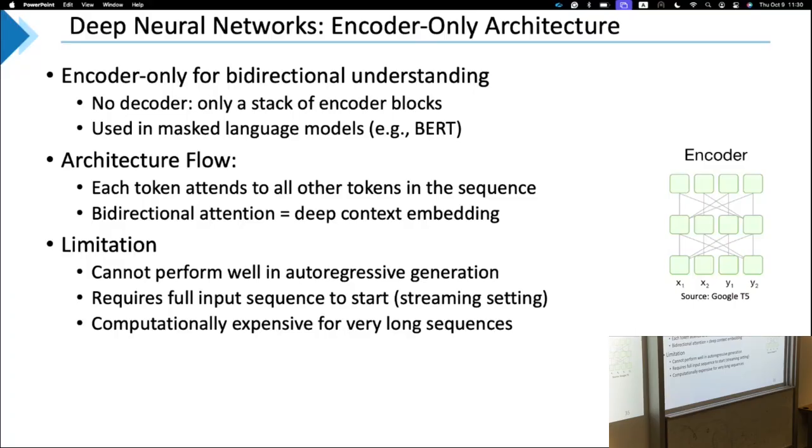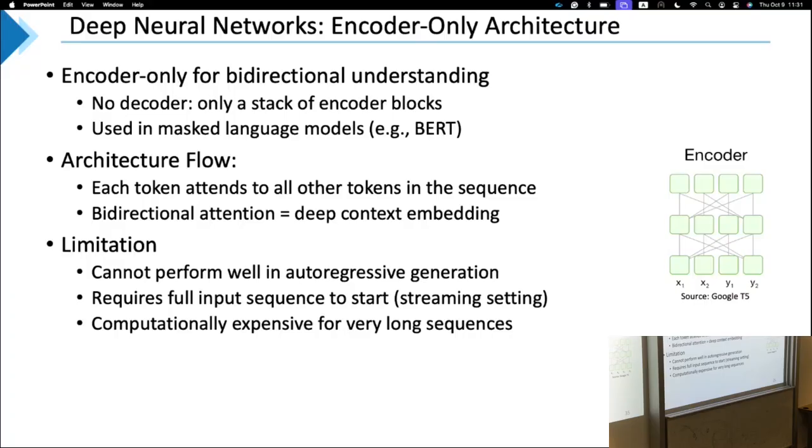However, it still has some limitations. People found this kind of architecture is not able to perform very well in autoregressive generation tasks, for example, question answering. Especially in the streaming setting, let's say you have your mobile phone, and you have different requests sending to your data center.